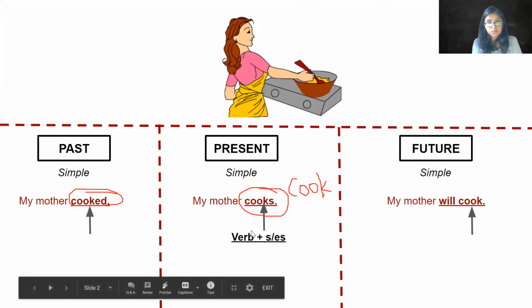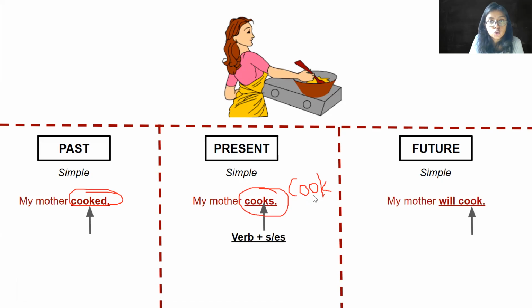So in present tense, we add verb plus s or es. What is the verb here? The verb here is cook, and we have added an s to make it simple present tense. So cook plus s has become cooks.